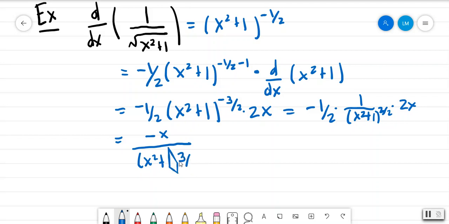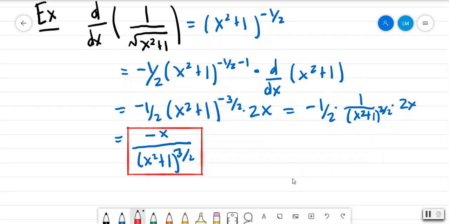So this would be the derivative of that expression. In this case, I see that there are many different things that I can do in terms of rewriting and cleaning it up.